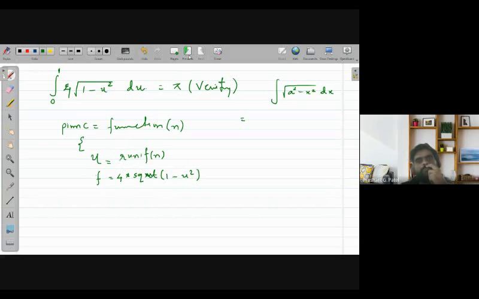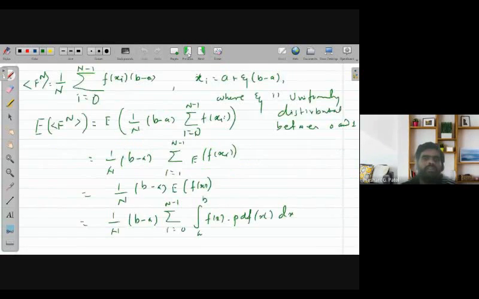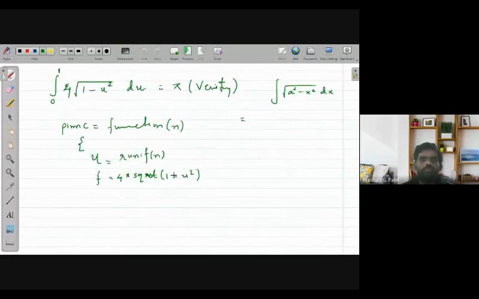And then it takes the mean of that. PDF is 1 over (1 minus 0) in this case, because you can see that previously we had the general formula, where b is 1 here and a is 0. So that is b minus a, and nothing is left to multiply here. So 4 into this function f.